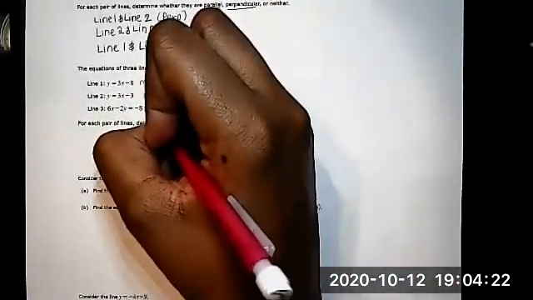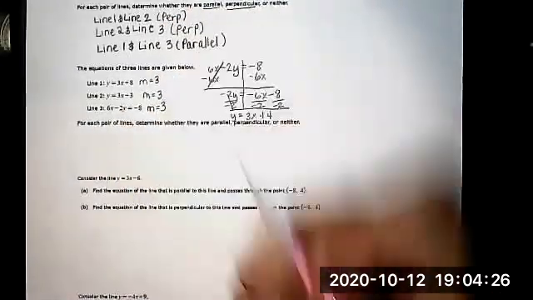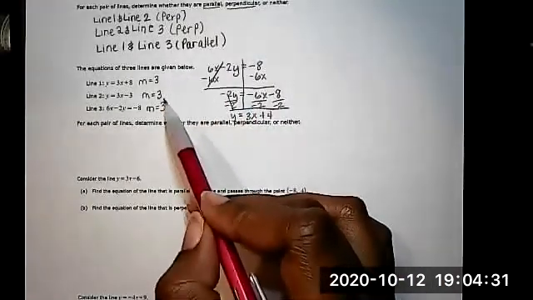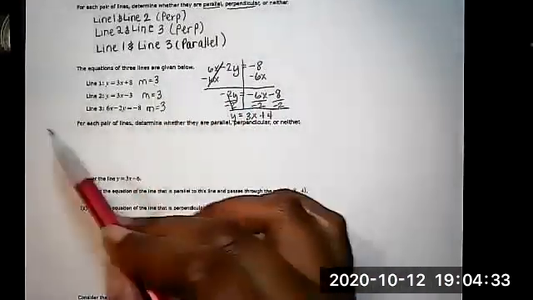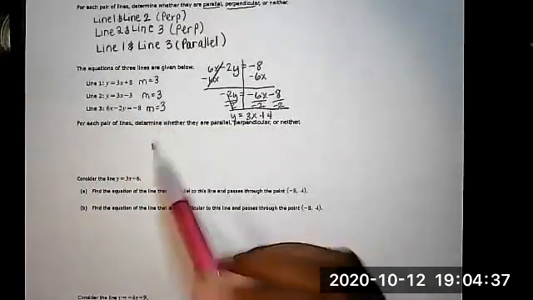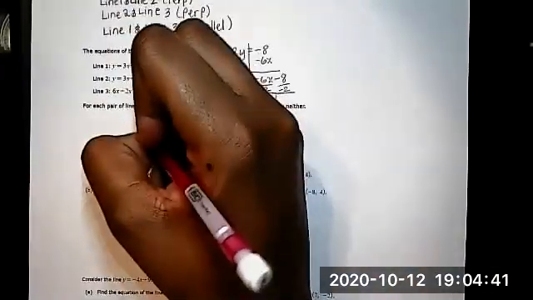So what is the slope? Looks like it's 3. So basically for this one, all of them are parallel. They all have the same slope. None are perpendicular. They're all parallel. So I can just say all parallel.